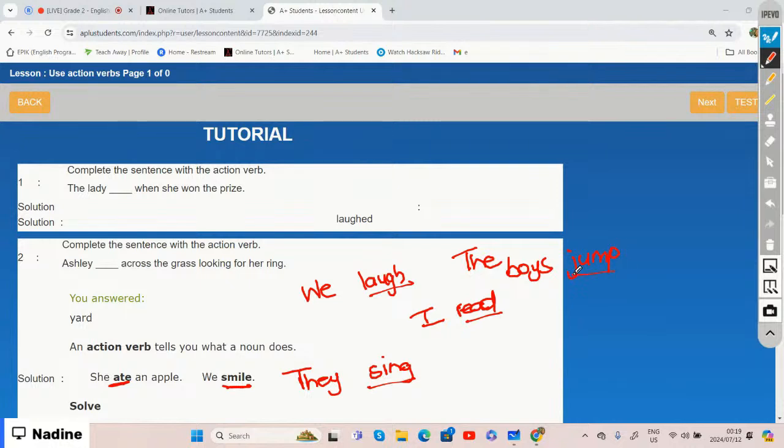And jump is our action verb, right? So laugh, read, jump, sing, smile, ate. Those are our action verbs within our sentence. And it basically tells us what a noun does. It tells us what the noun, which is people, animals, or things, are doing.